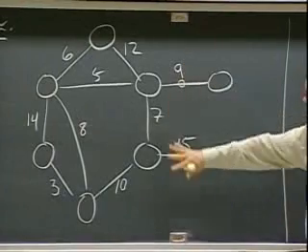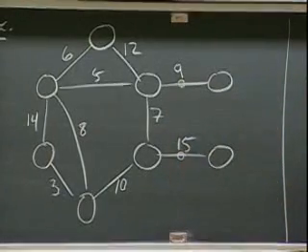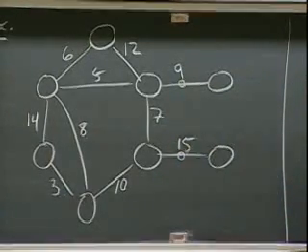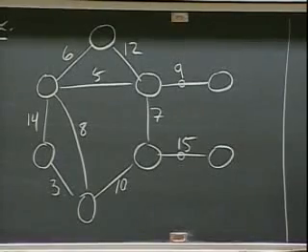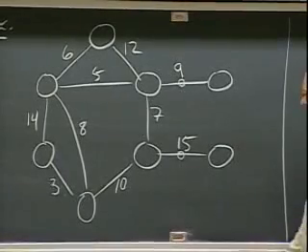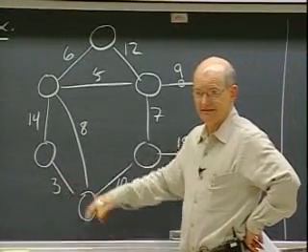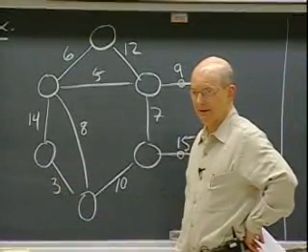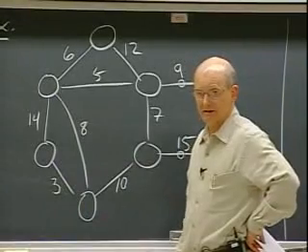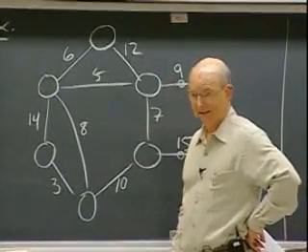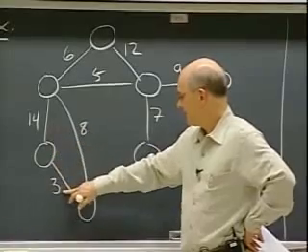We want the minimum weight. The one that has the overall smallest weight. So can somebody argue to me that 3 has to be in there? Yeah. The node's only reachable by 2 edges, and that's the minimum of the 2.